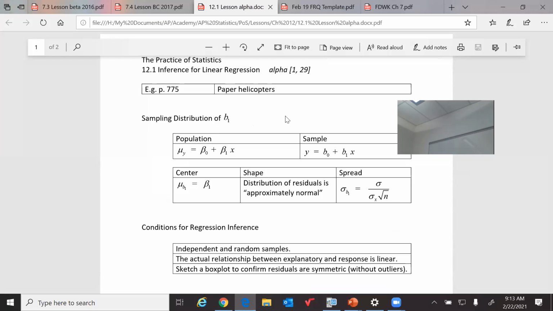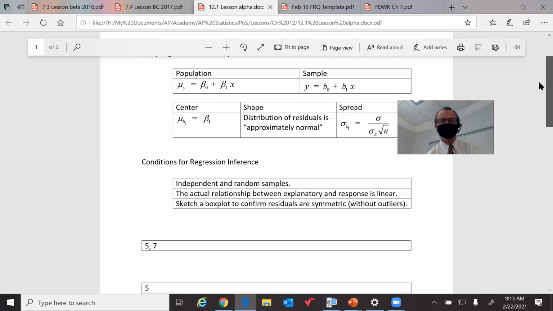The mean of the sample slopes will equal capital B, the true parameter, because it's non-biased. The shape of the sampling distribution is approximately normal, and there's the calculation for the variability. Independent random samples, the relationship is linear, and a box plot of residuals, okay?